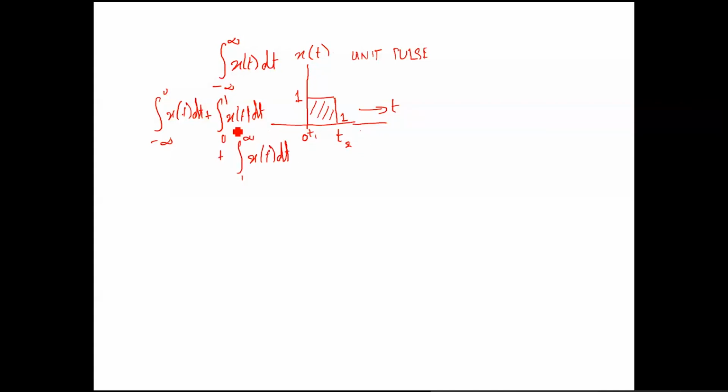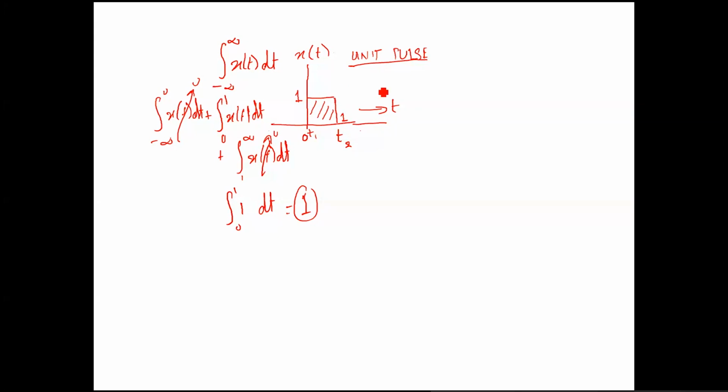That will be your area, which we have divided into multiple parts. This is 0, and this is 0, because x of t is 0 throughout. Here the x of t part is 1. So integral of 1 from 0 to 1 dt, and if you just solve it, it ends up giving us 1. So in a unit pulse, the area of the pulse is equal to 1.